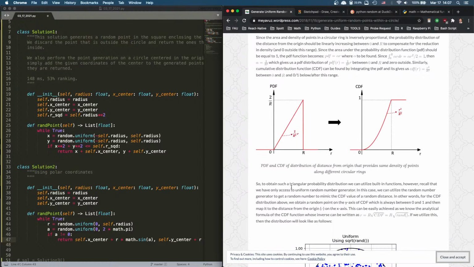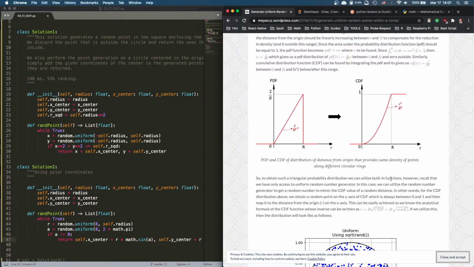So to obtain probabilities, we can utilize built-in functions. However, recall that we have only access to uniform random. Okay, in this case, we can use a random number generator to get a random number to mimic the CDF value of a random distance.